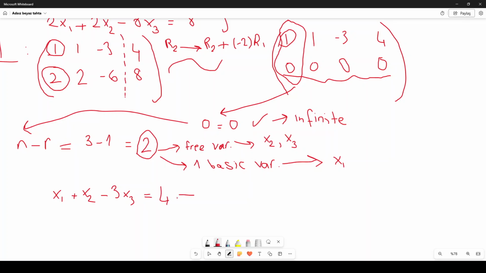So if I want to express basic variable x1, then all I need to do is just move the free variables along with their coefficients to the right hand side of the equality, and then x1 is equal to 4 minus x2 plus 3x3, right? And this is what I get.